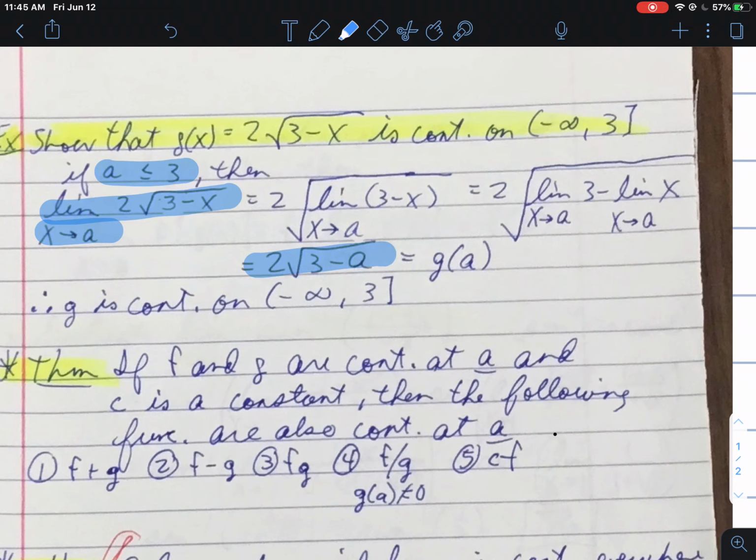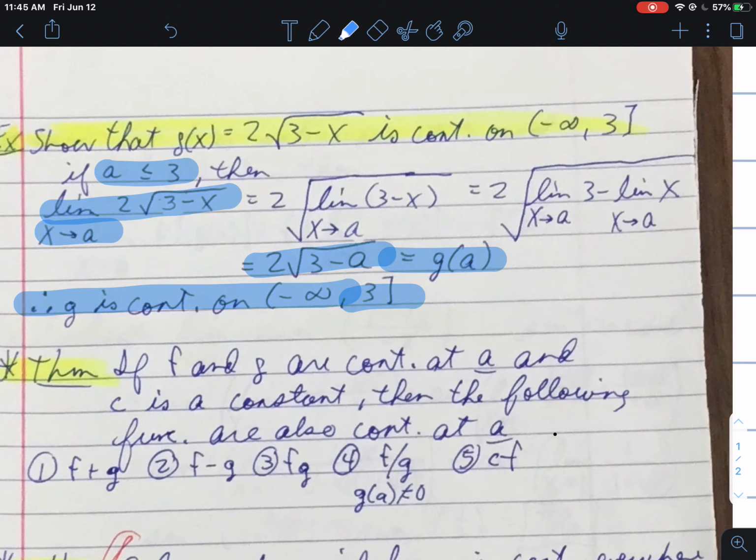If I plug a in place of x, I have 2 square roots of 3 minus a, which is exactly the same as g of a. I just plugged a into g, and that resulted from the limit as x approaches a of our function. So therefore, I could say that g is continuous on this interval because the limit as x approaches a is equal to g of a, provided we have a values that are less than or equal to 3.